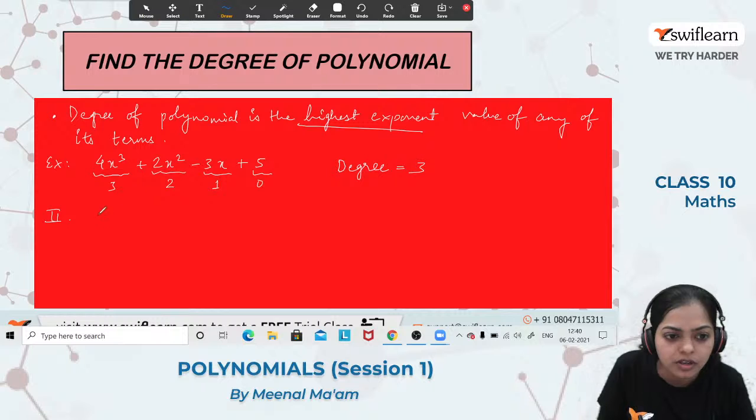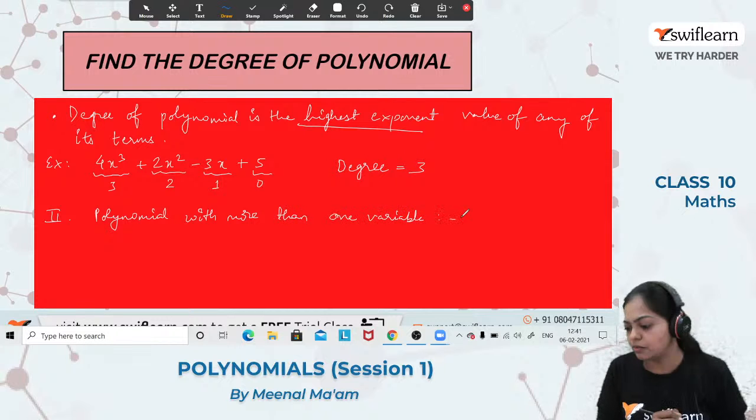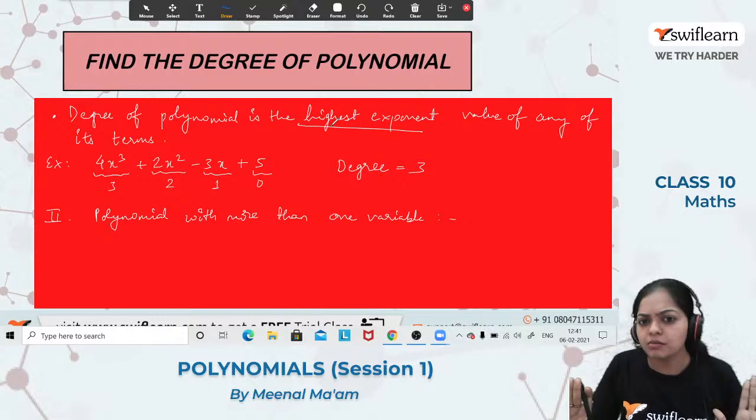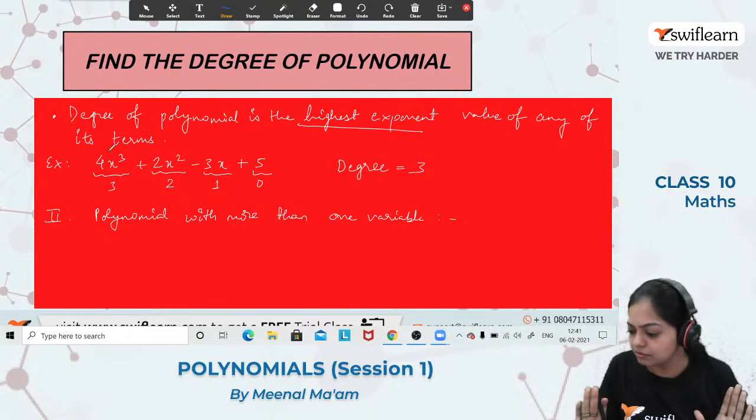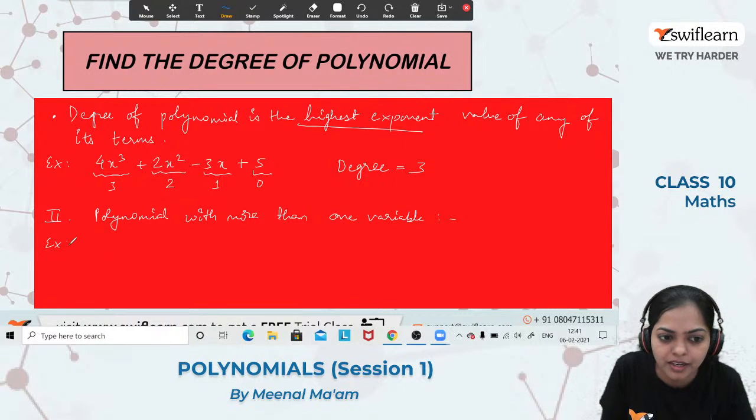If we have a polynomial with more than one variable, then what will be the degree of the polynomial? Actually the definition of degree will be the same. The degree of a polynomial is the highest exponent value of its terms. But what happens if we have a polynomial with more than one variable? Alright, for this let's take an example.